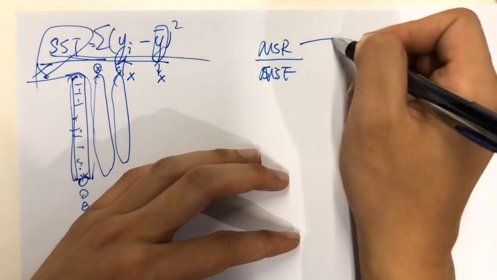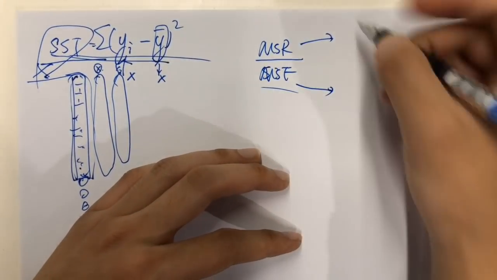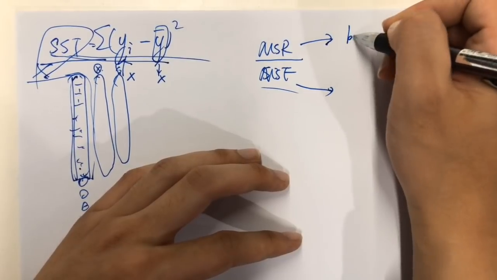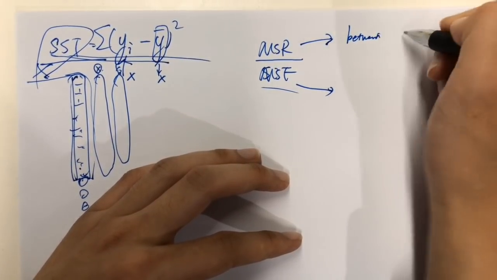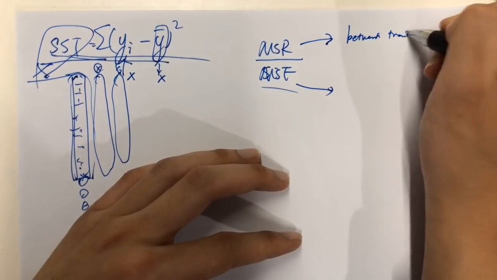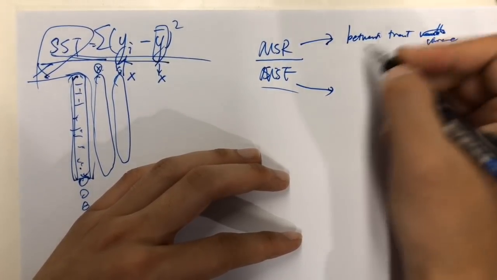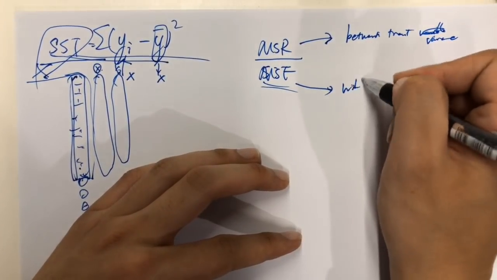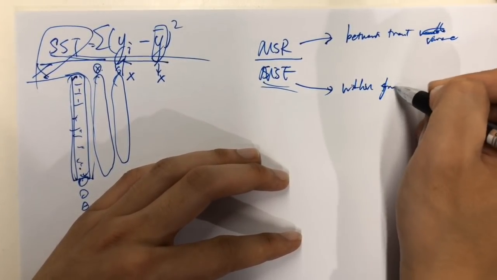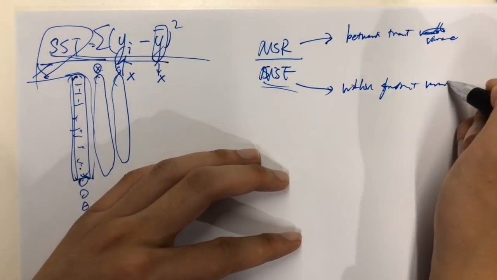If you have read my assignment feedback, when we compare MSR and MSE, MSR is actually the between group, between treatment variance, right? And MSE is the within treatment variance.